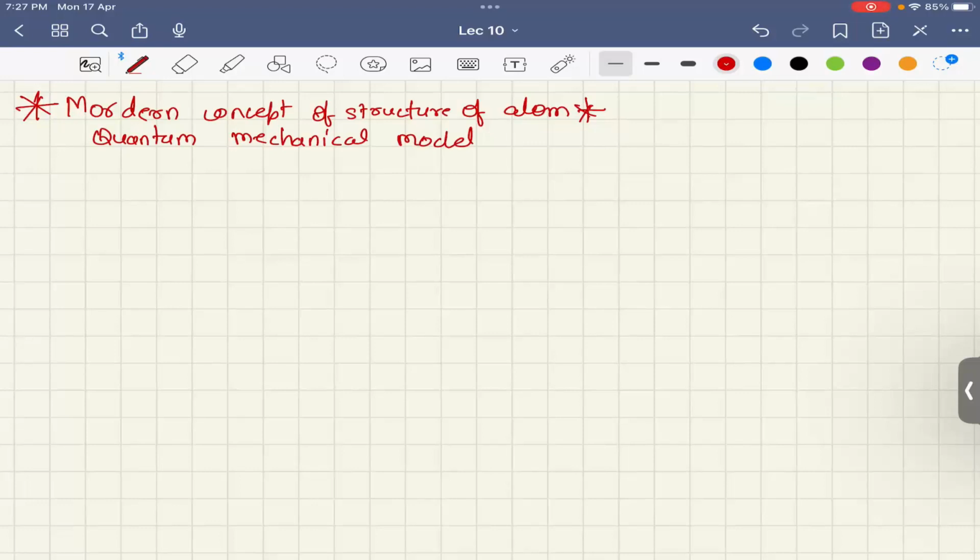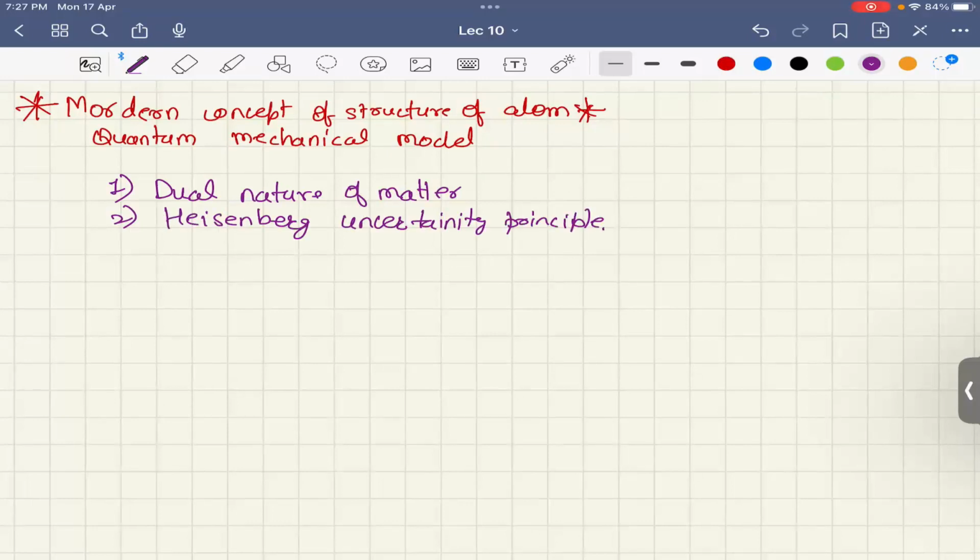To overcome the shortcomings of Bohr's model, attempts were made to develop a new, suitable, and general model of an atom. Two important developments which contributed significantly to the formulation of new models were, number one, the dual nature of matter, and number two, Heisenberg's uncertainty principle. Let us first study the dual nature of matter.